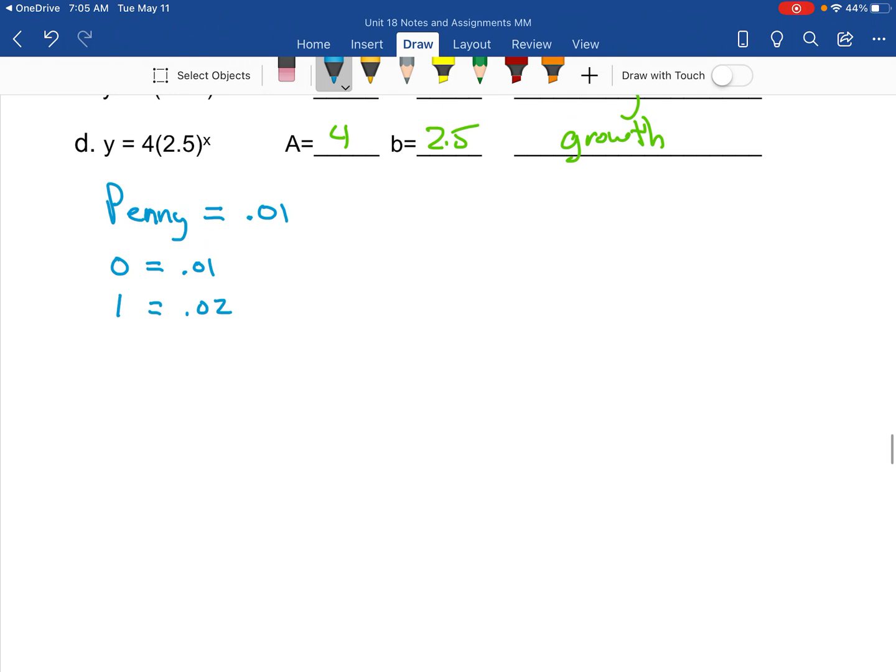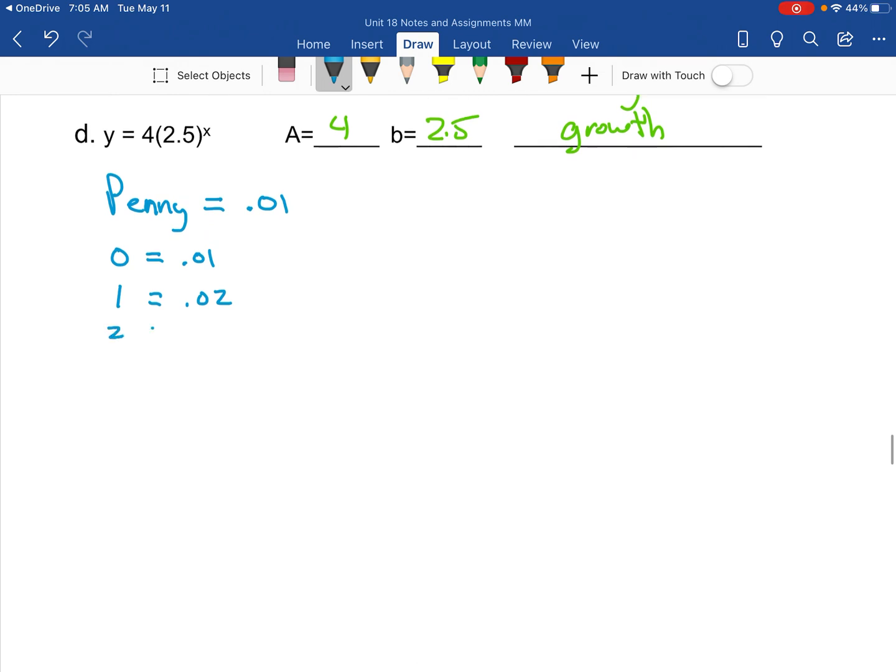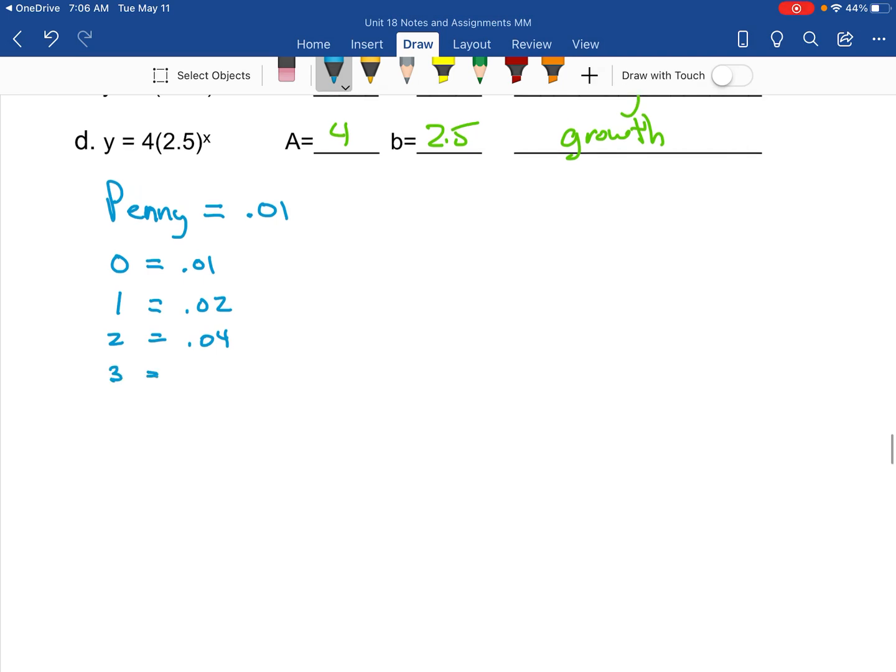Then the next day we're going to double that penny again, and it'll be 4 pennies. So think about every day we're going to double that penny. Day 2 we have 4 cents. Then day 3 we're going to double it to 8 cents. Day 4, 16 cents.